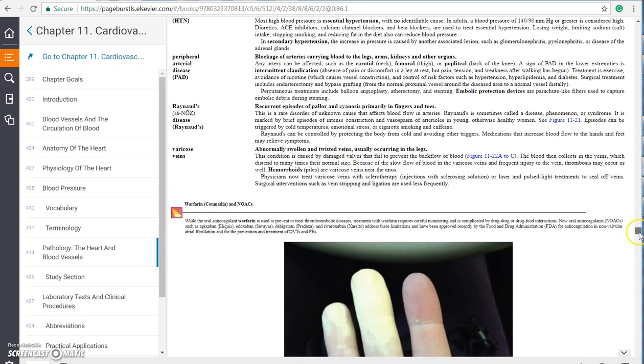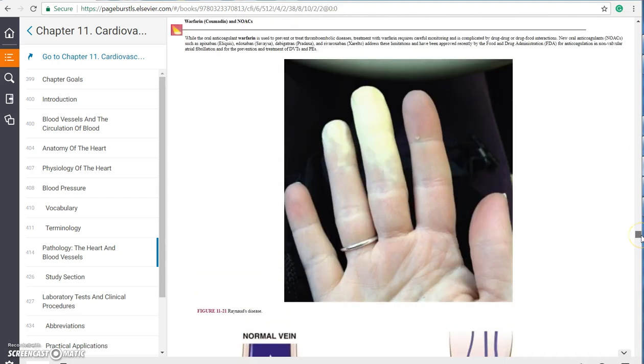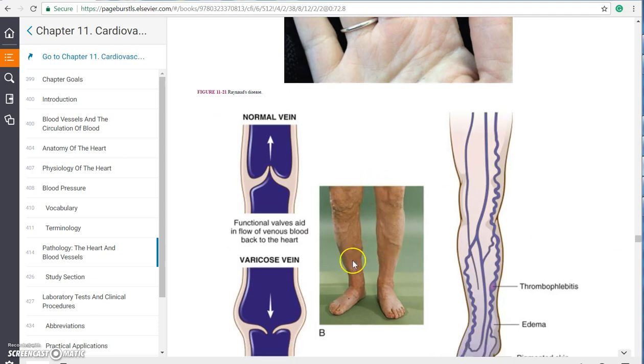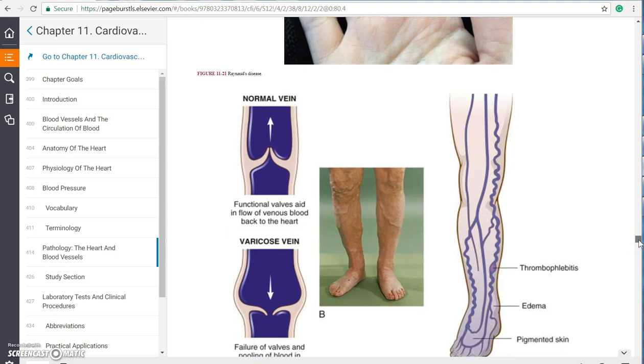Varicose veins are typically abnormally swollen, twisted veins located in the legs, but they can occur in other places. There's an example of somebody with very poor or reduced circulation. This is an example of somebody with a serious implication affecting varicose veins.